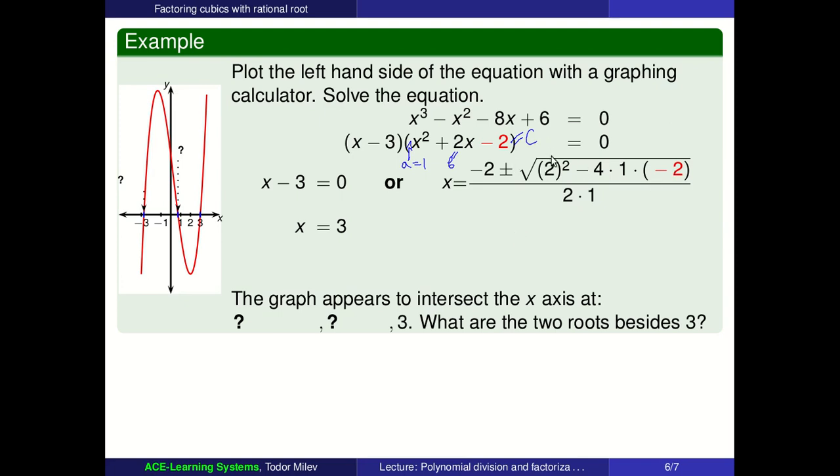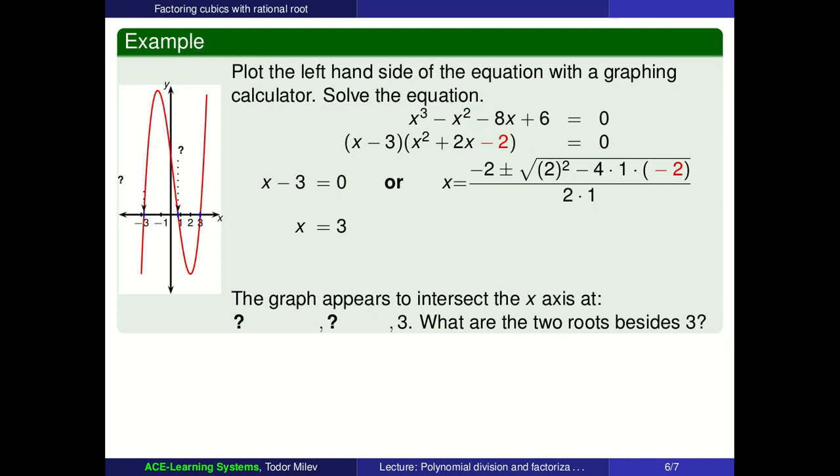So this is b, this is a, and this is c. Okay, just a reminder, our formula for the quadratic equation was x equals negative b plus or minus radical of b squared minus 4ac over 2a. Alright, that's the formula we used above.